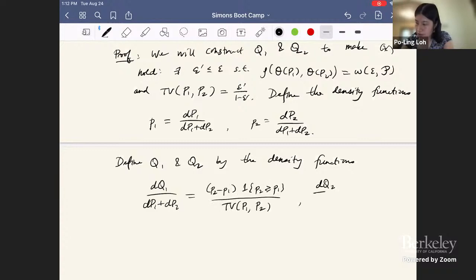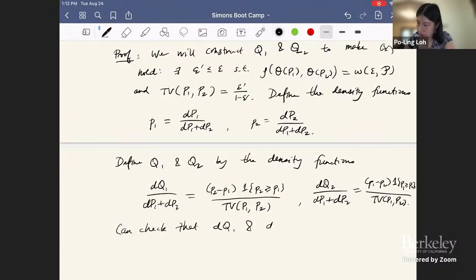And dQ2 is defined similarly: dQ2 over dP1 plus dP2 is equal to p1 minus p2, indicator that p1 is bigger than or equal to p2, divided by the total variation distance. Okay, so you can check that dQ1 and dQ2 integrate to 1 and star holds.